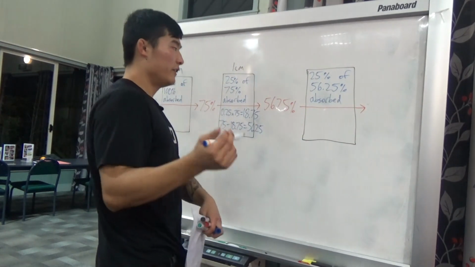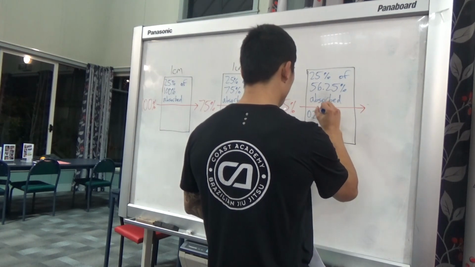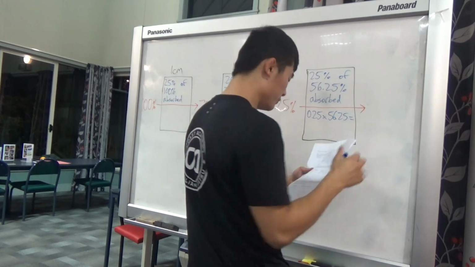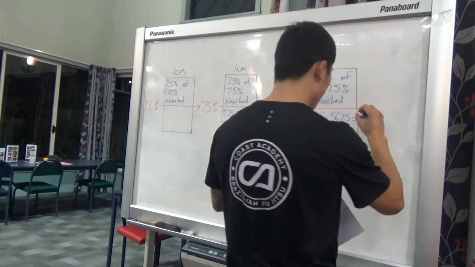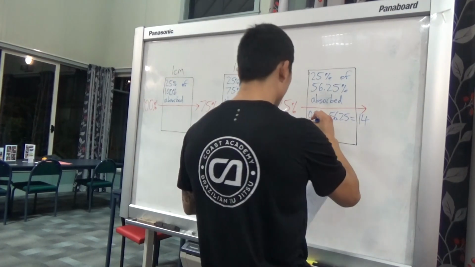So you need to find 25% of 56.25. 0.25 times 56.25 is equal to 14. So 14% will be absorbed by the third centimeter.